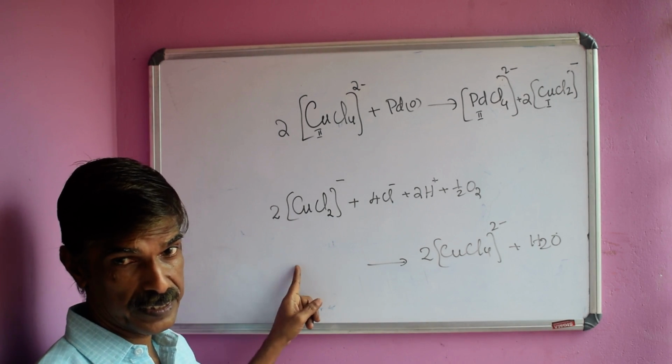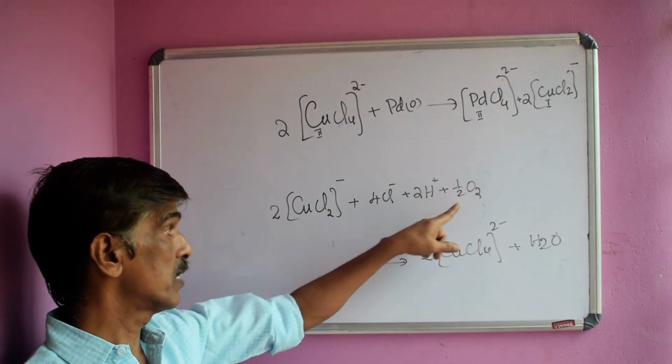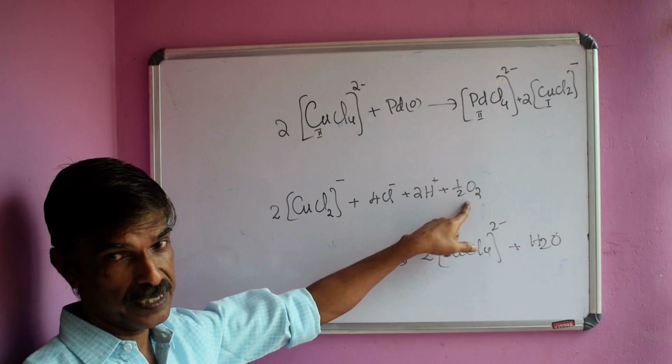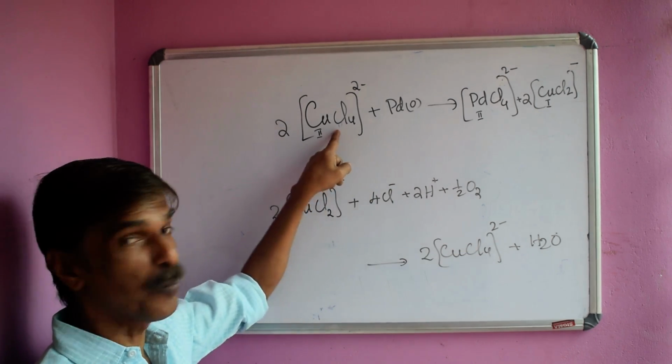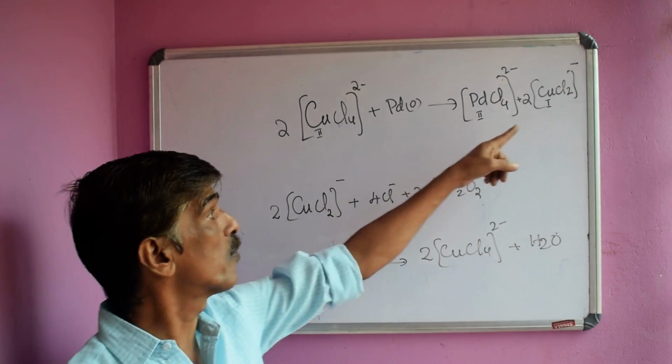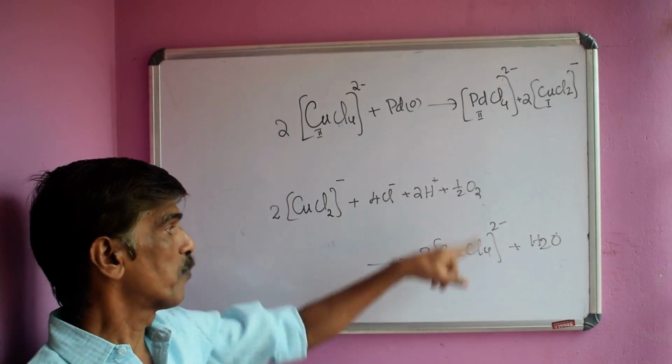This is the reaction. So we can see that by utilizing the oxygen, this copper 1 is again converted into copper 2. This copper 1, CuCl2 minus, is regenerated by this reaction.